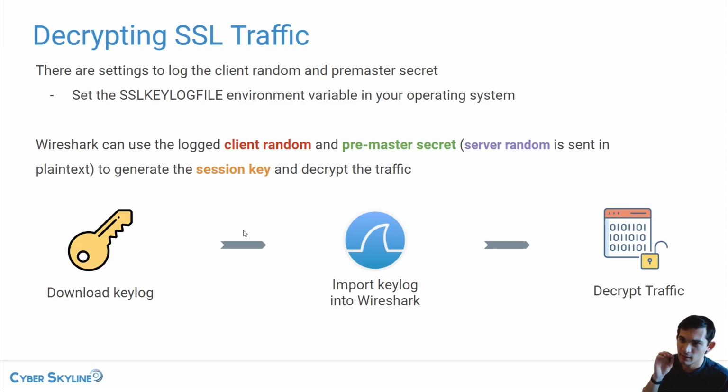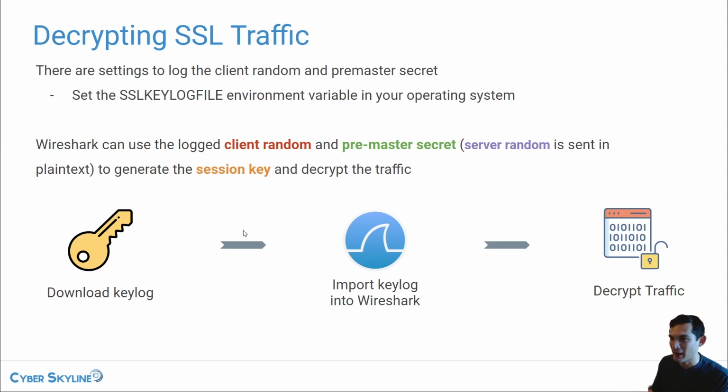Now, the SSL keylog file is going to save both the client random and the pre-master secret to make it easier for Wireshark, because you need to know which pre-master secret corresponds to which client random. Otherwise, you don't know which one goes to which. There's a good chance that there are going to be many different SSL connections and sessions in that log file and in your Wireshark traffic, in your packet capture.